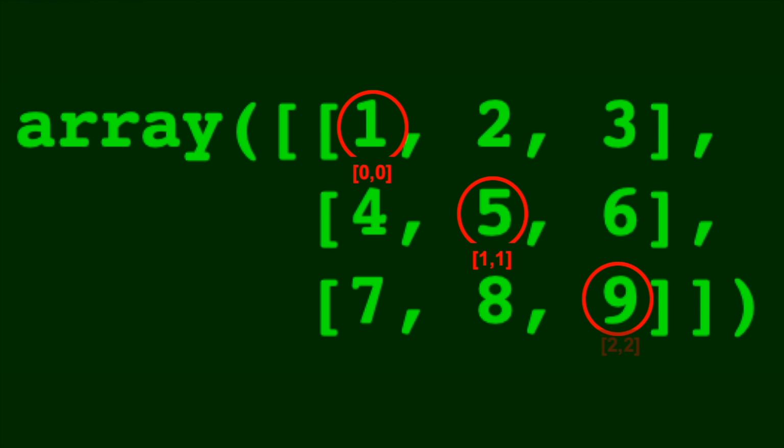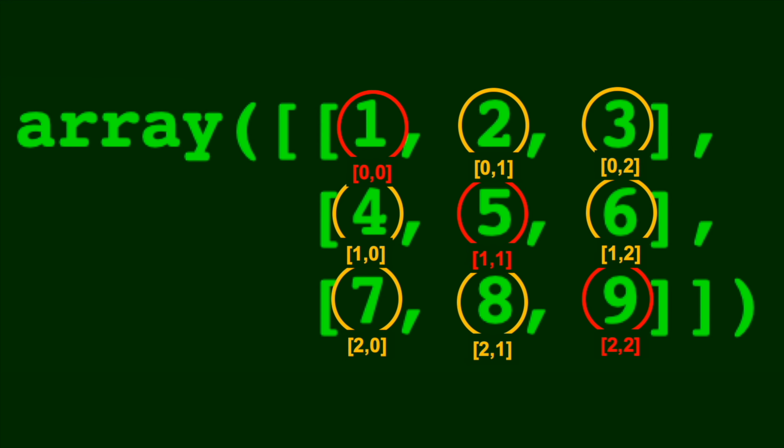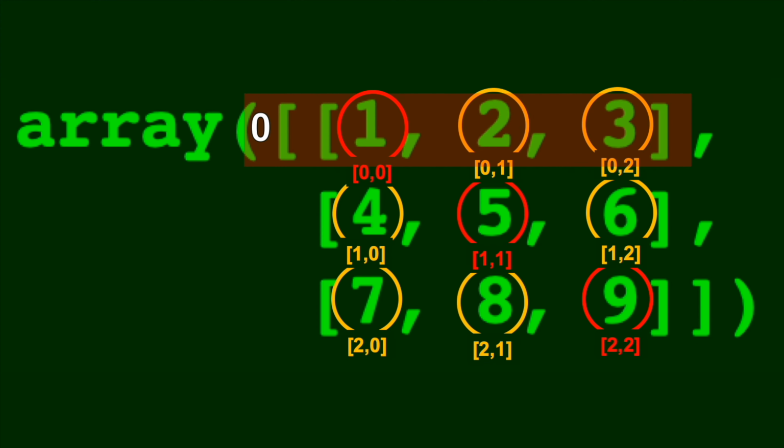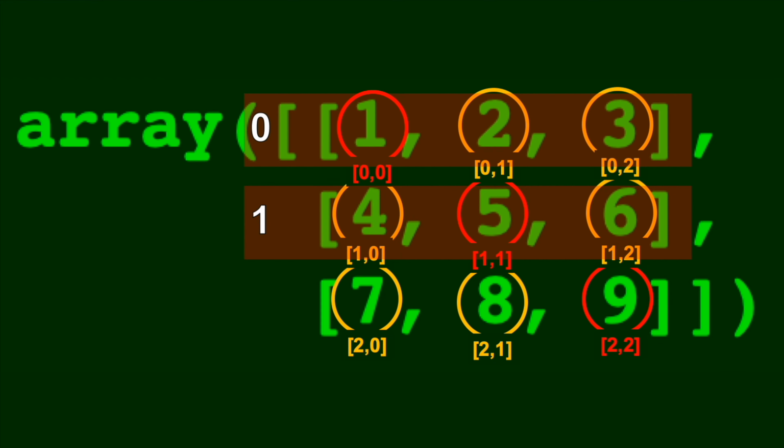And last, that 9, row 2, column 2, boom, 9. And of course, we can fill the rest of these in a very similar fashion. And if you notice, going across the row with our row 0, the first entry in every element in the first row begins with a 0. And in the second row, they all begin with 1. And in the third row, you guessed it, they all begin with 2.